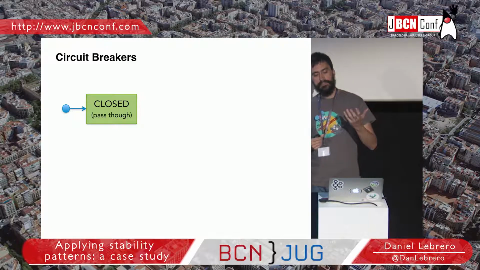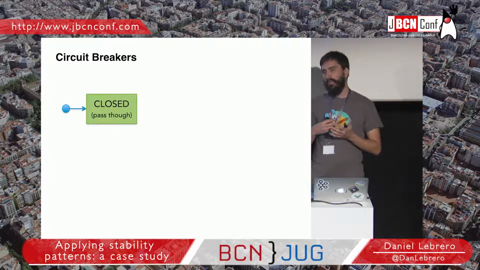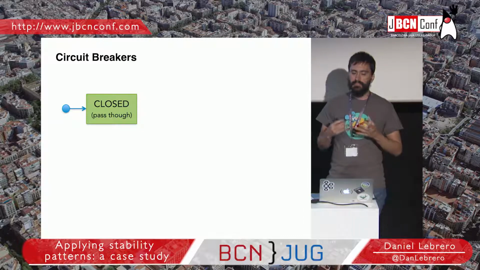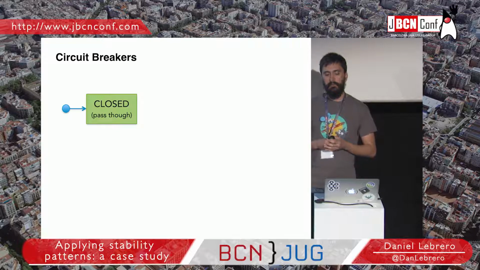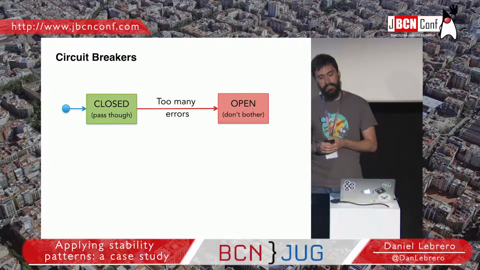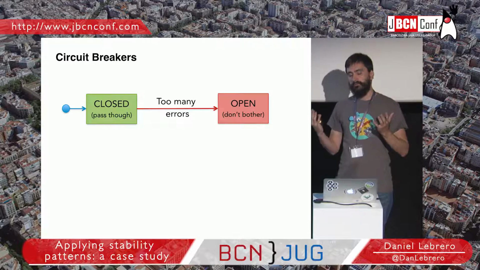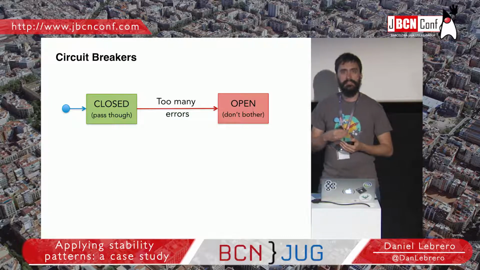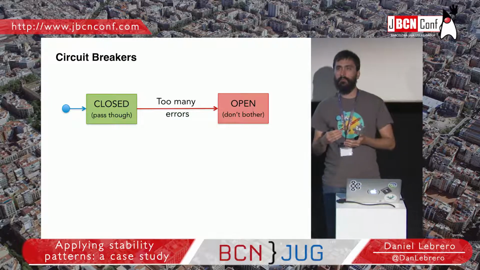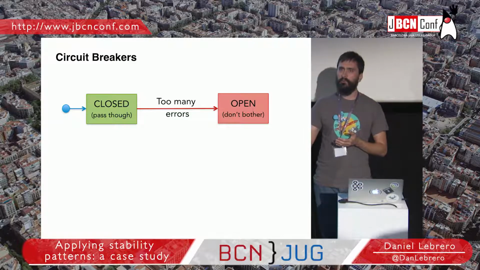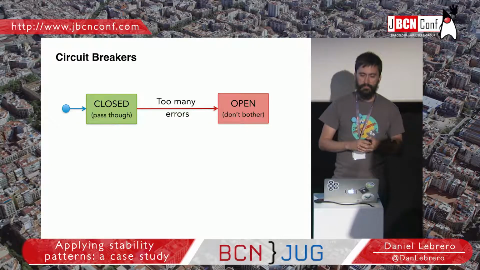It starts in a closed state, where the operation will always be executed, and the circuit breaker collects stats about how many times that operation failed. When it detects that there are too many errors on that operation, it will move to the open state. In the open state, the circuit breaker will not bother to run the operation, and it will return an immediate error.